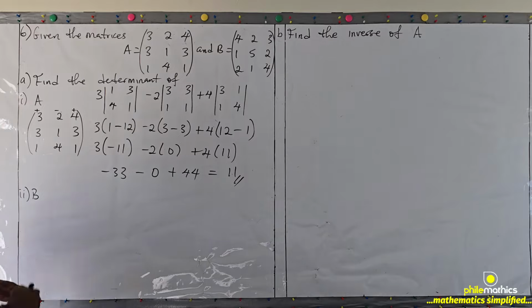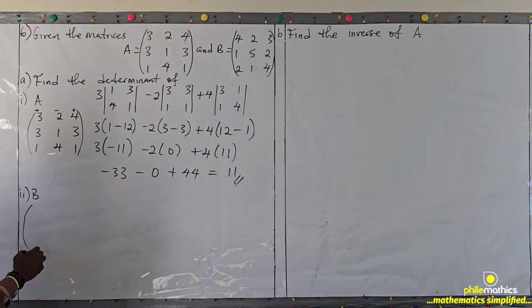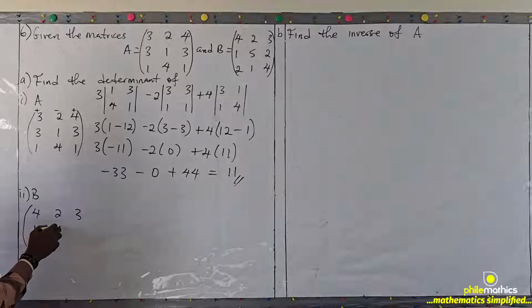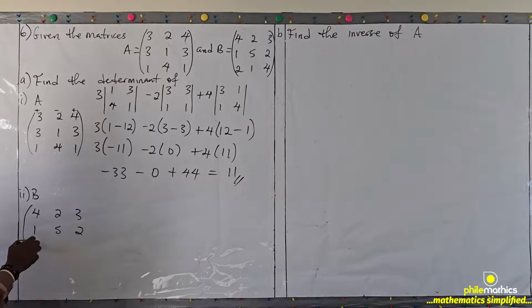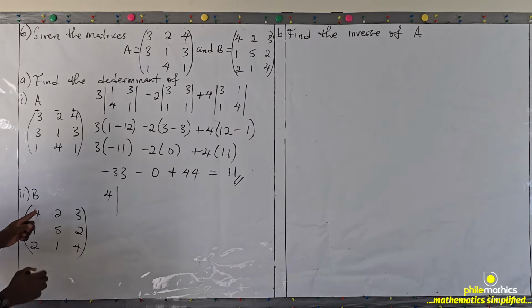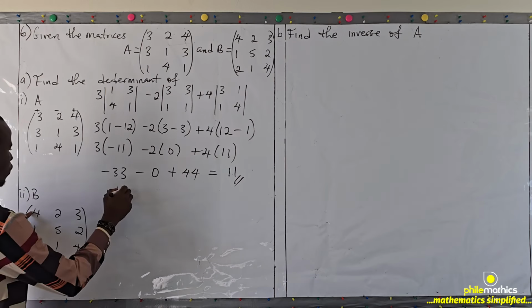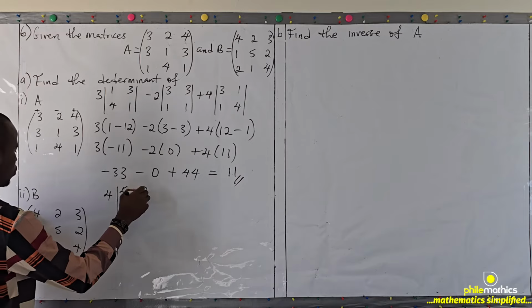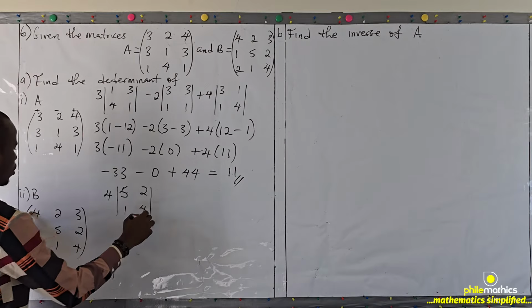So for B, let's recall what B is: 4, 2, 3, 1, 5, 2, 2, 1, 4. We do the same thing here. We take this 4 and multiply it by the determinant of what is remaining if we delete this row and this column, which is 5, 2, 1, 4.